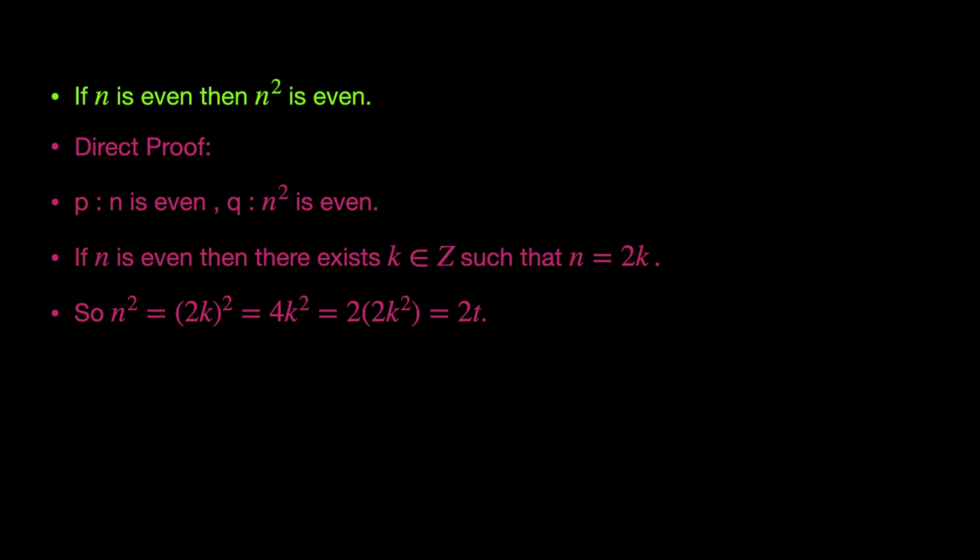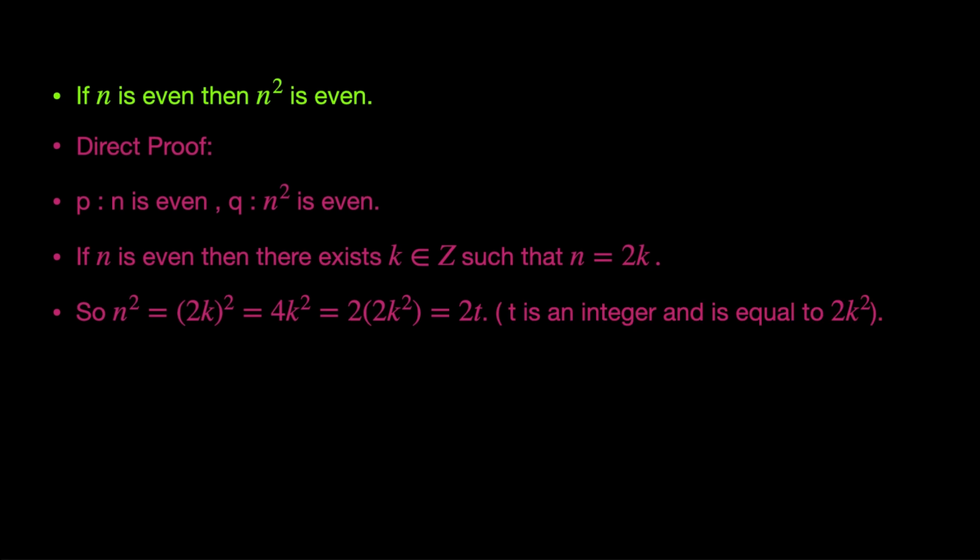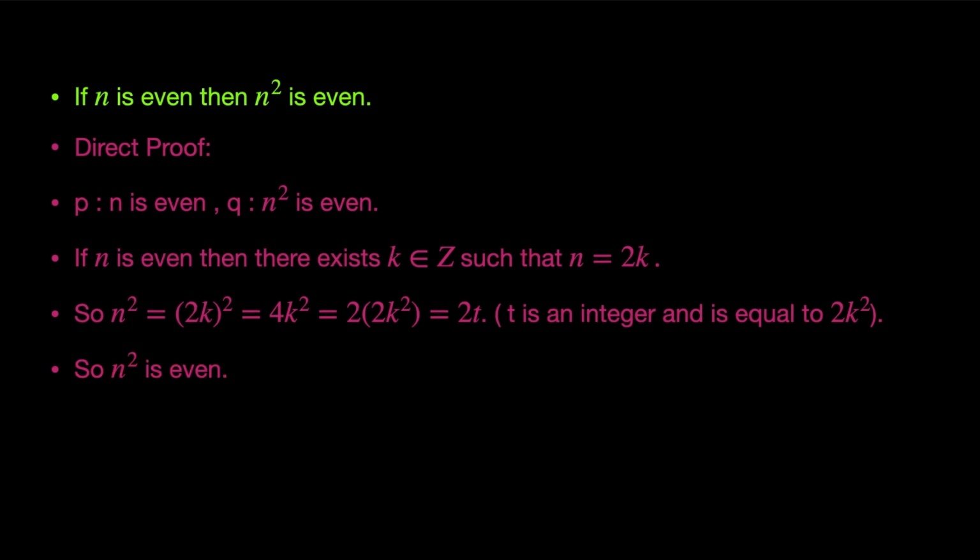So we can write it as 2t when t is equal to 2k squared. Since 2t is in the format of an even number, then we can say it is even. So we just showed that if n is even, then n squared is even. As you see here, P is n is even, and it is our assumption, and Q is n squared is even.